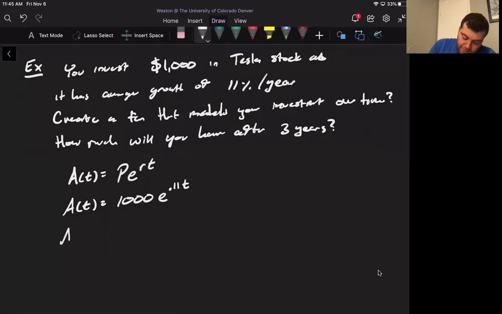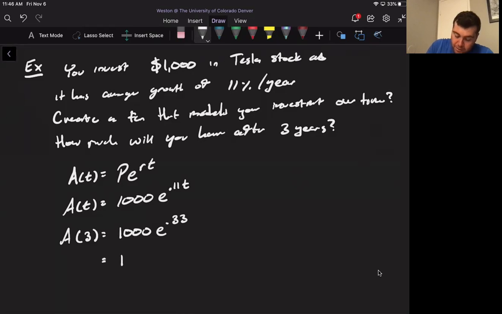And now we can check how much we have after 3 years by just plugging in 3. All right, and now we just have to deal with evaluating this. If this is a test, we can just leave it like this and this is fine.